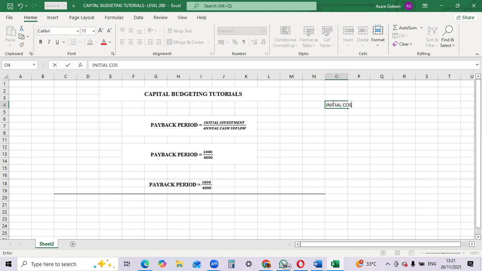So initial cost of the investment was giving us 20,000.